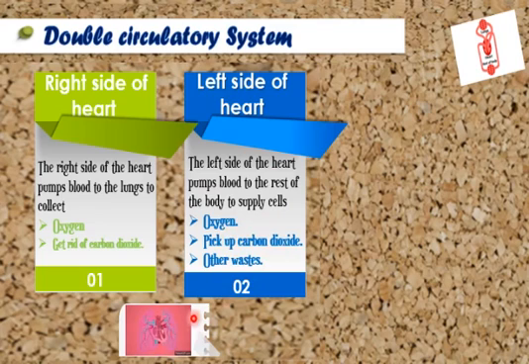Once the blood is oxygenated in the lungs, it is moved back into the left atrium, and from there it is sent to the left ventricle, and the left ventricle is going to send blood to the body cells by the aorta. Aorta is the blood vessel, the largest artery. So you can see that oxygen is being transferred.